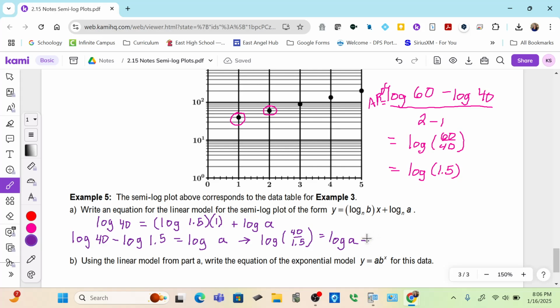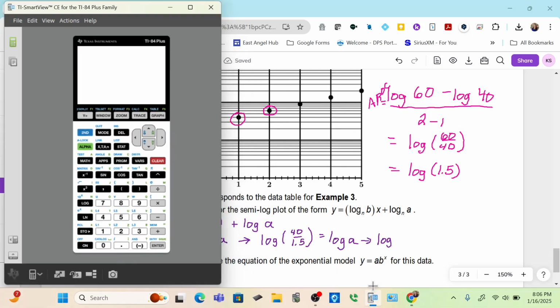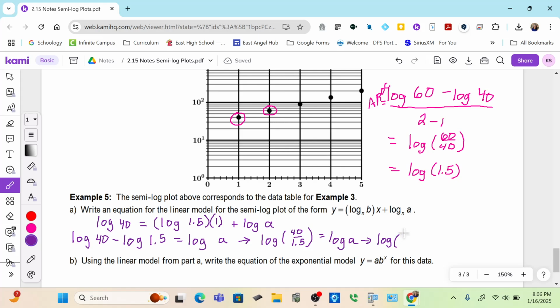So I'm going to take my calculator and do 40 divided by 1.5, and I'm going to leave it in its exact form. So I'm going to do math, and the first option highlighted under math is fraction. I'm going to press enter, and that's going to give me this quotient as another rational number. So we're going to have a equals 80 thirds.